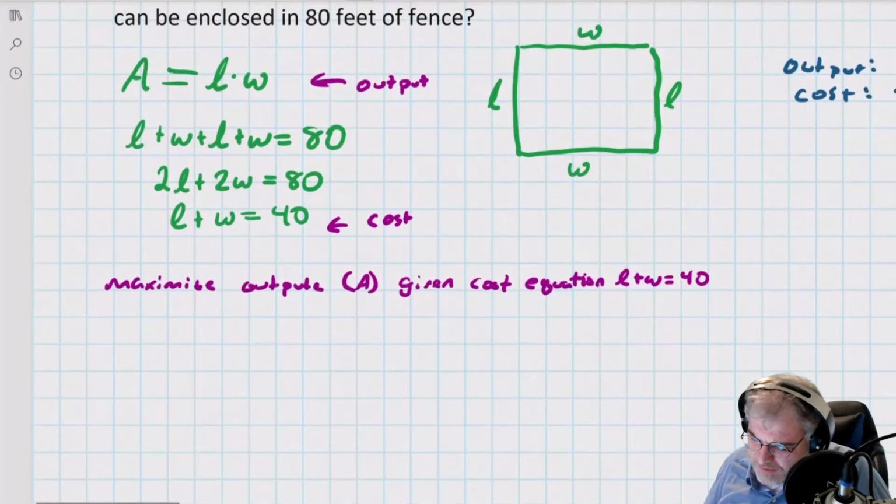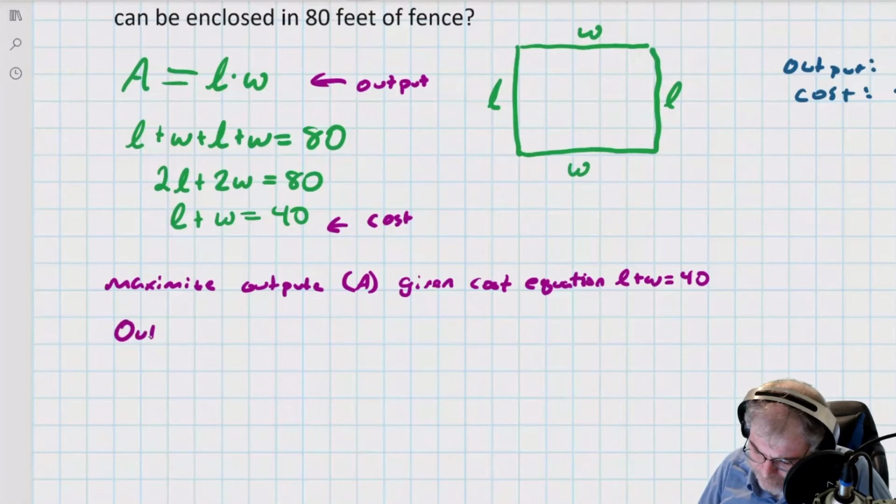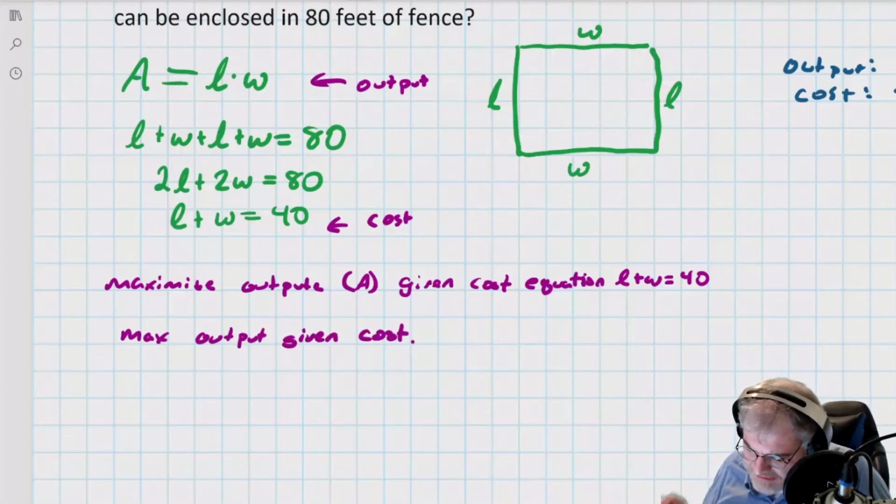So output's the one I want. I want to max output given cost. Okay, that's the idea. I want to max output given cost.